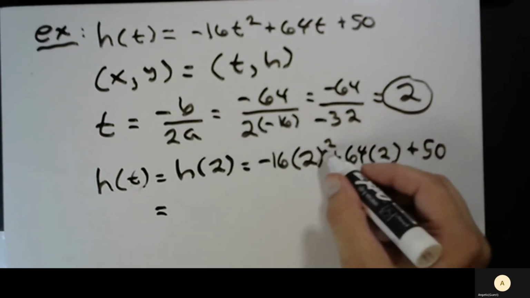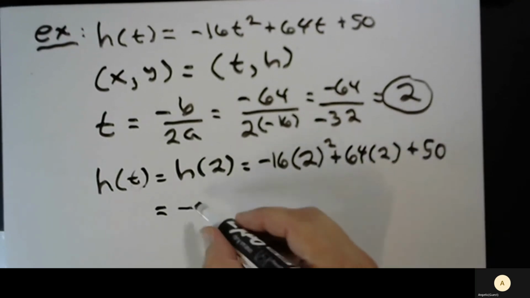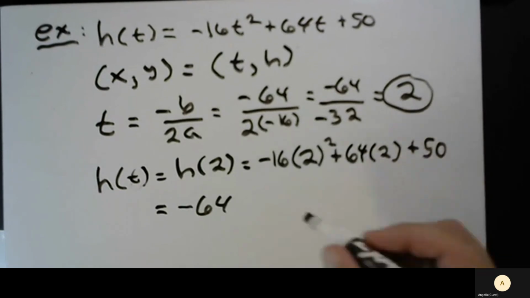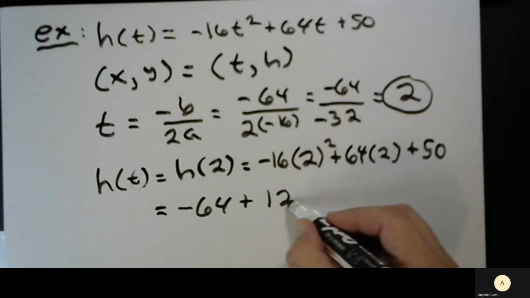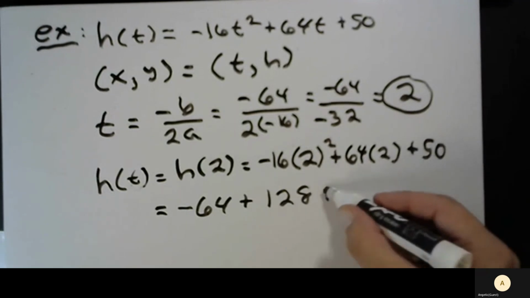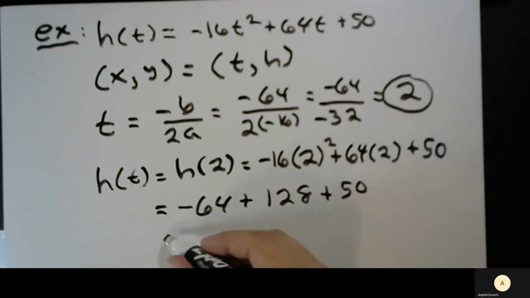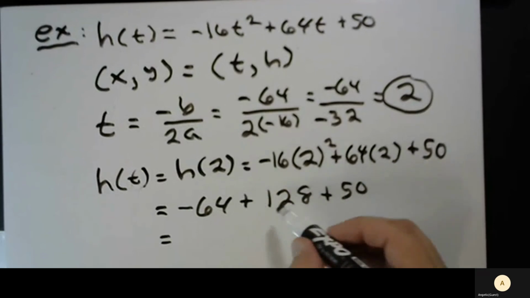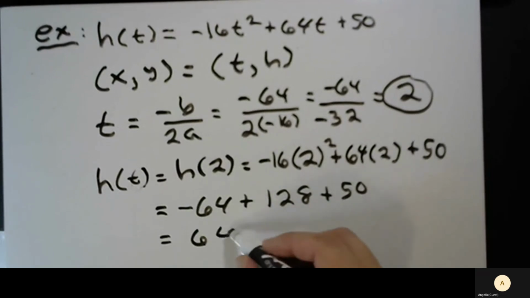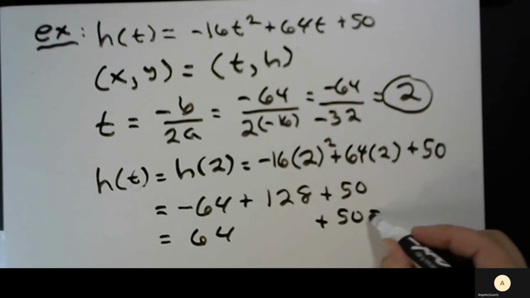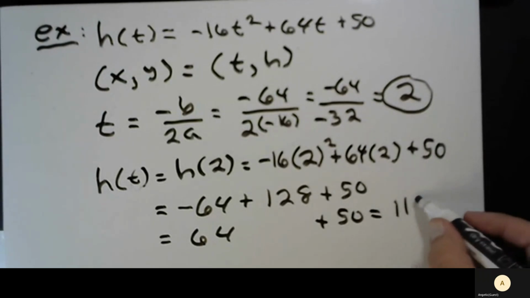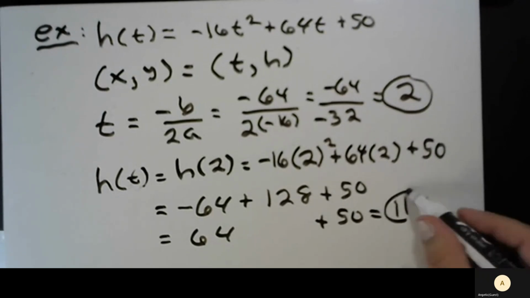Two squared is 4. 4 times negative 16 is negative 64. 64 times 2 is 128. Add 50. Or add these two, it'll be 64 plus 50, and that's going to be 114.